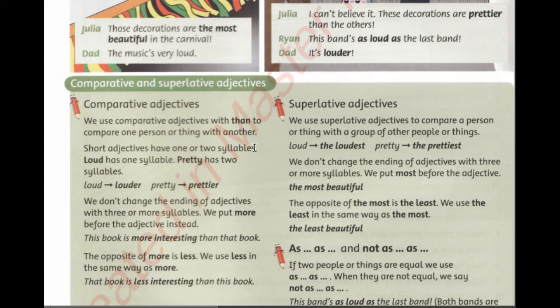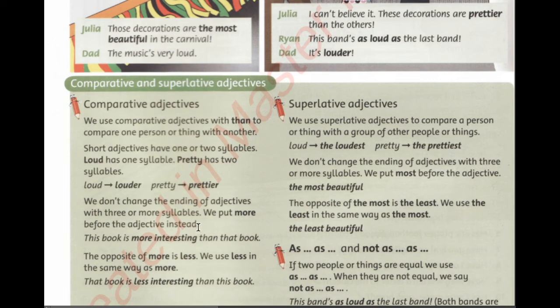So remember the clapping about the syllables. Short adjectives have one or two syllables, such as loud or pretty. We add ier. Also here we have the word pretty, the end letter is Y. We have to change the Y into an I and add ER. So pretty, prettier. Comparative is louder, prettier, from the adjectives loud and pretty.